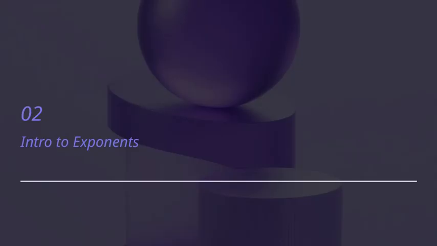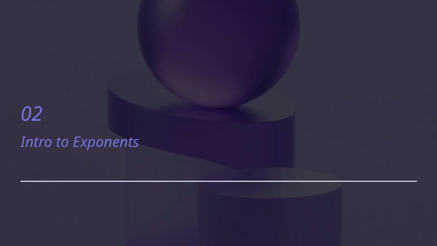Let's dive into the basics of exponents. Exponents are a way to express repeated multiplication of the same number. For example, 2 to the power of 3 means 2 multiplied by itself 3 times. The key components here are the base, which is the number being multiplied, and the exponent, which tells us how many times to multiply that base by itself.